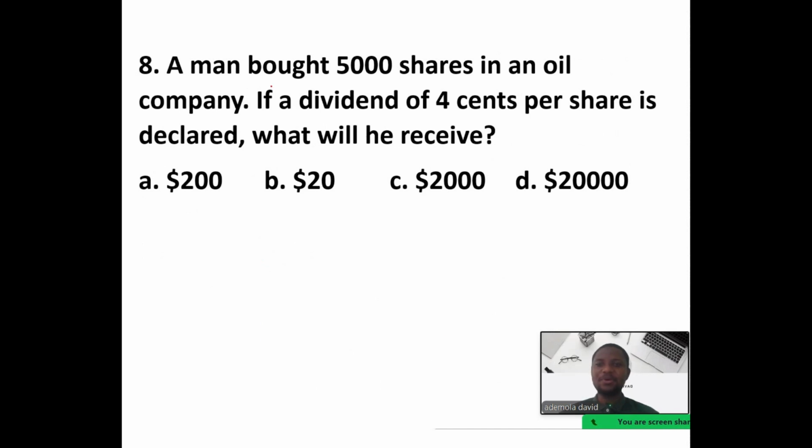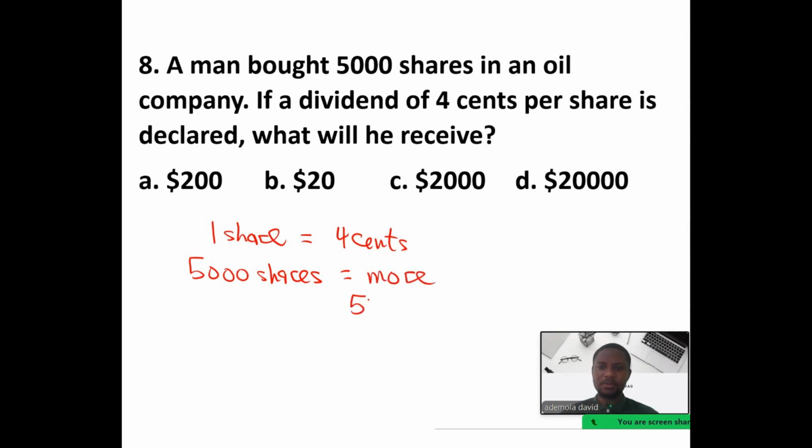A man bought 5,000 shares in an oil company. If a dividend of 4 cents per share is declared, what would he receive? Because they said per share, meaning 1 share is equal to 4 cents, and he bought 5,000 shares, so he will get more.